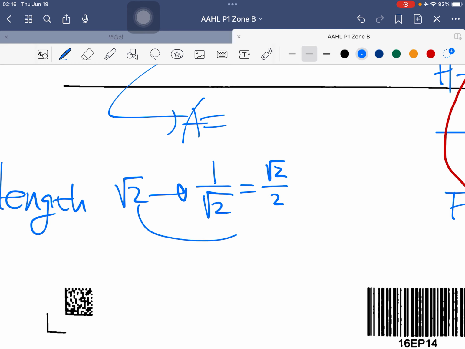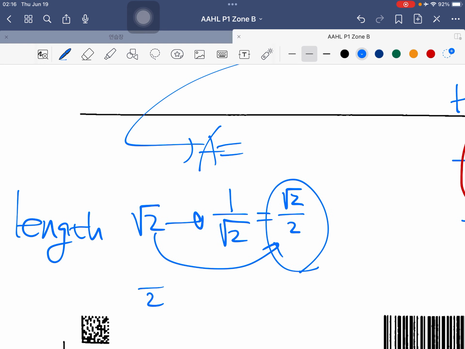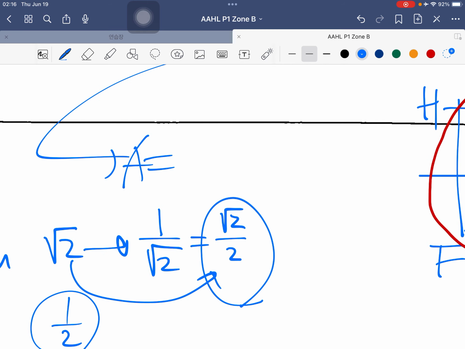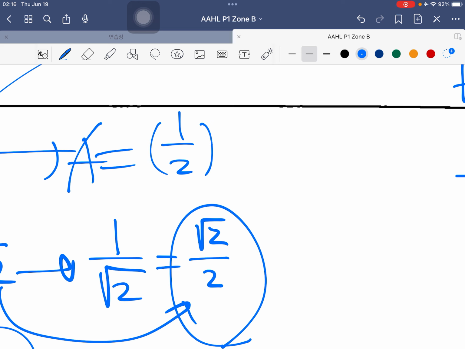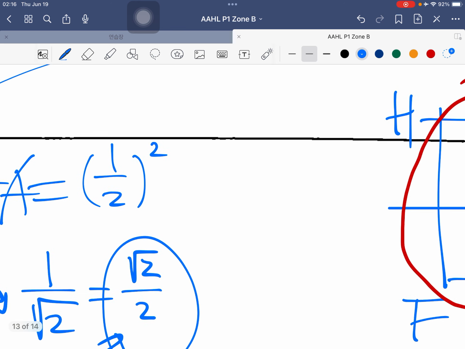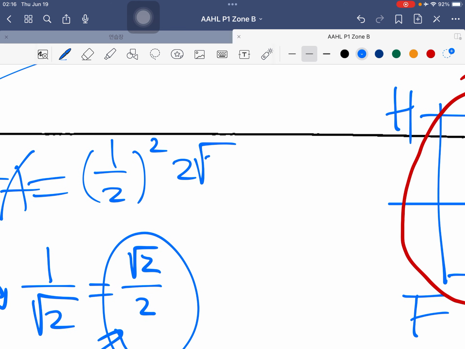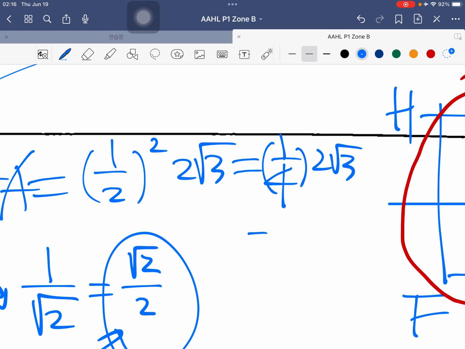The length changes by half, right? The area is going to change by that half squared of the original area, which was 2 root 3. It's going to be 1 over 4 times 2 root 3, which equals square root 3 over 2. This is the new area.